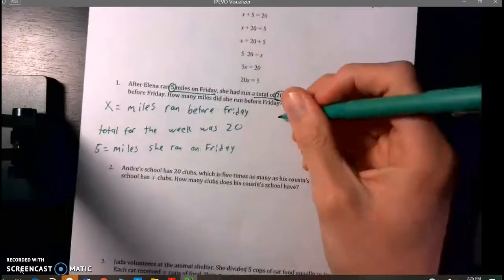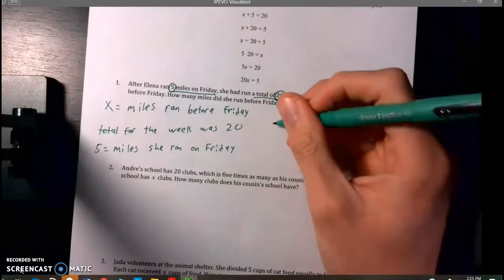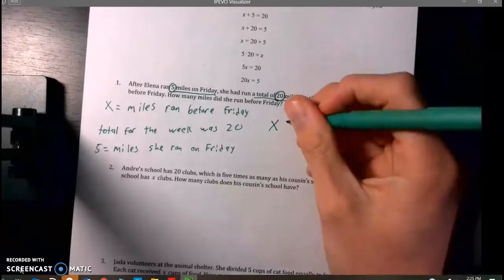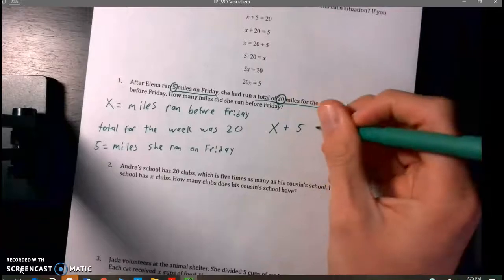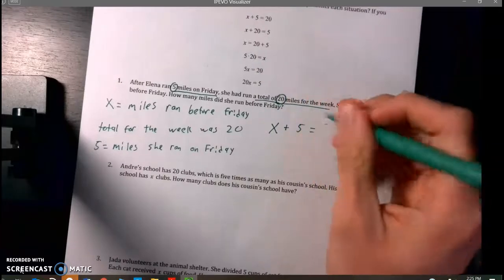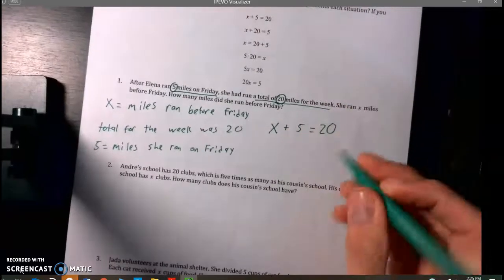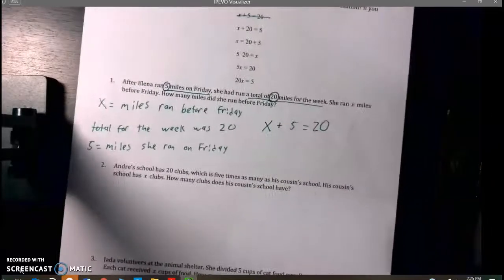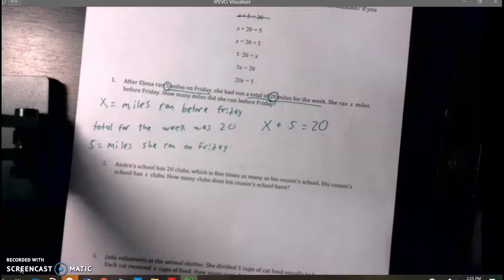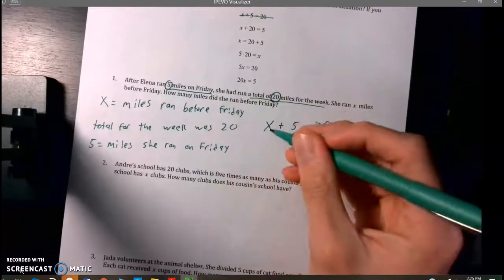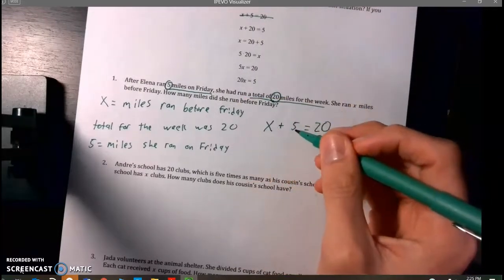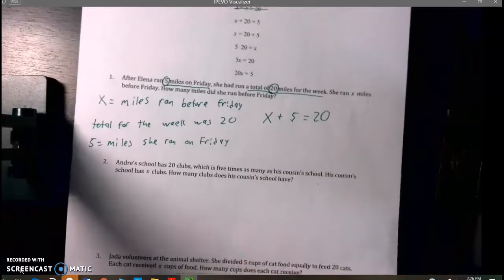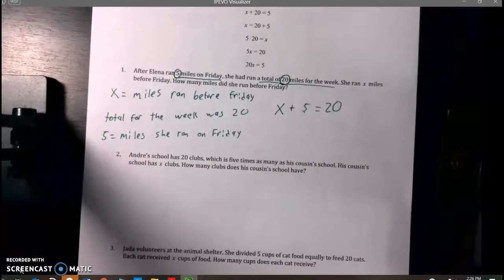So, it would be the amount of miles she ran before Friday, which is X, and then we add her Friday miles, and that would give us her total of 20. So, this first one is actually going to be the equation that we use. X plus 5 equals 20. If you took her miles before Friday, added them to the ones she did on Friday, that would get you to her 20 total miles for the week.